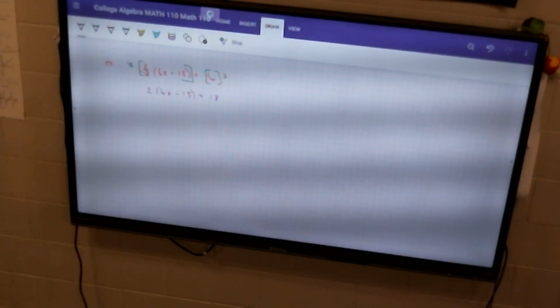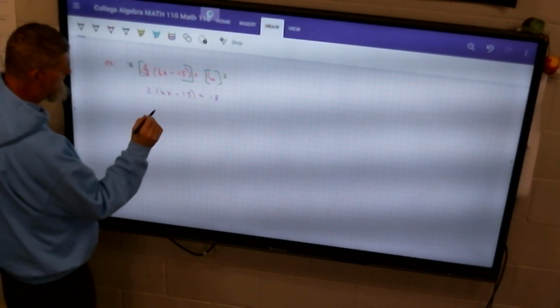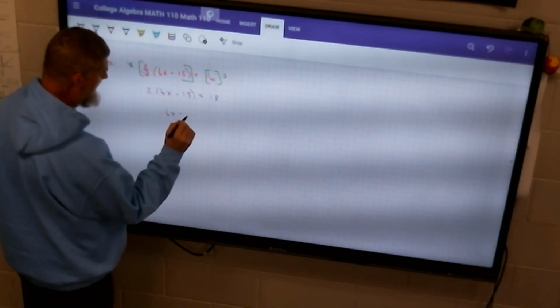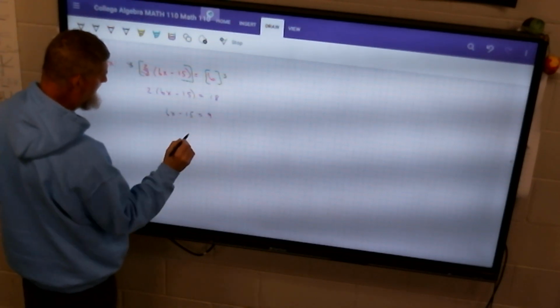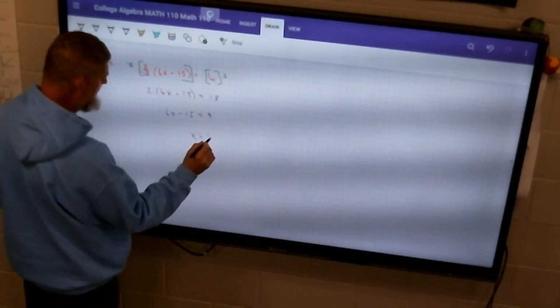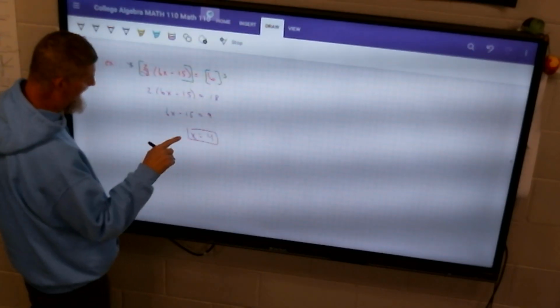And now you can either distribute like the last one, or I can go ahead and divide. I'm going to go ahead and divide: 6x minus 15 is going to be equal to 9. So that's going to be equal to add 15 to that.